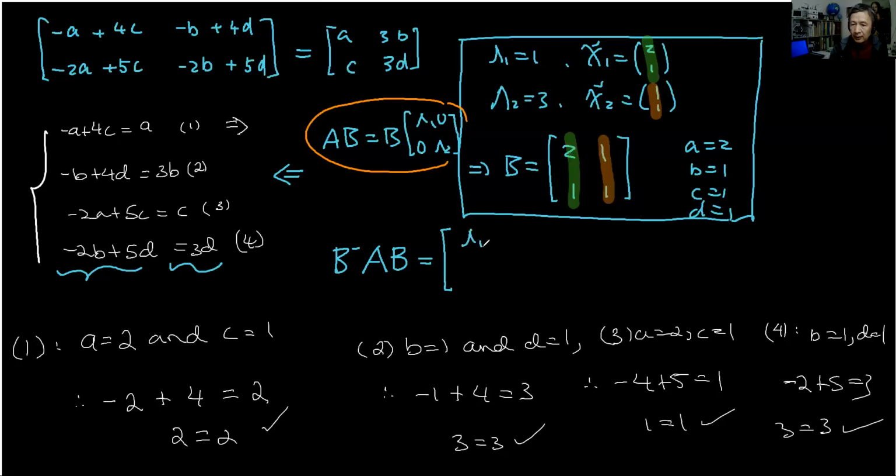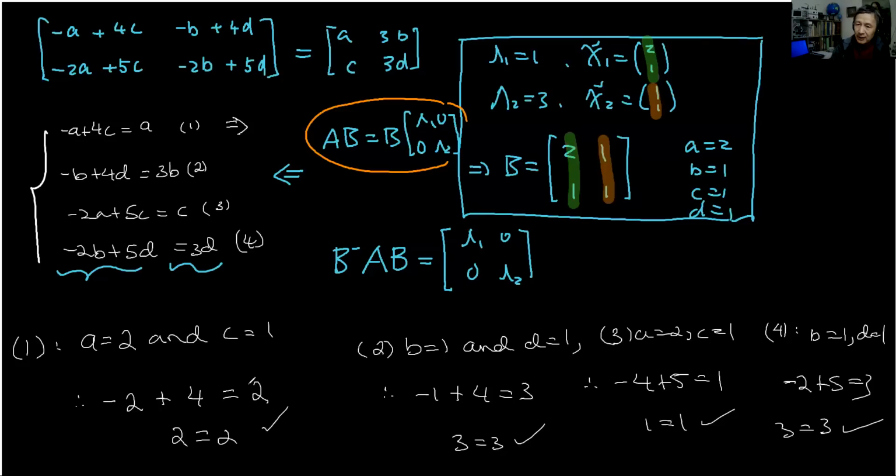Only diagonals. In other words, for the given A, there exists a transformation matrix B. By doing this transformation, you will obtain a diagonal matrix.